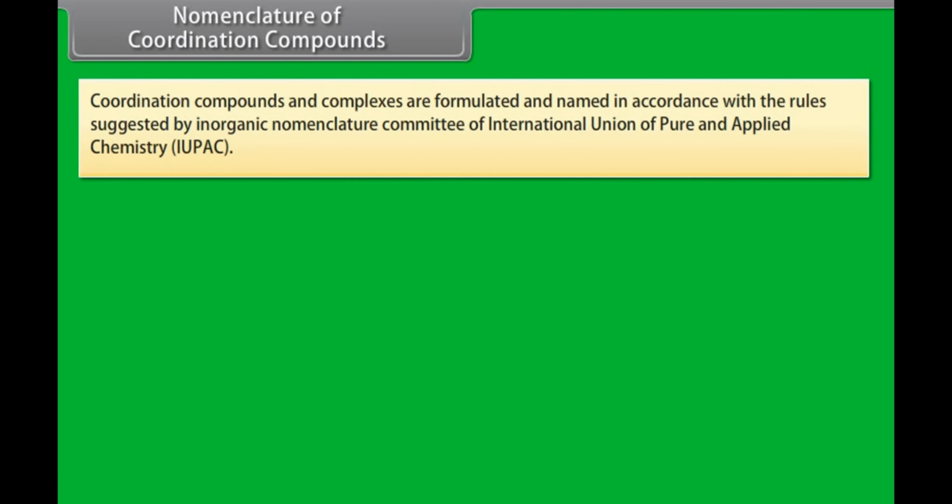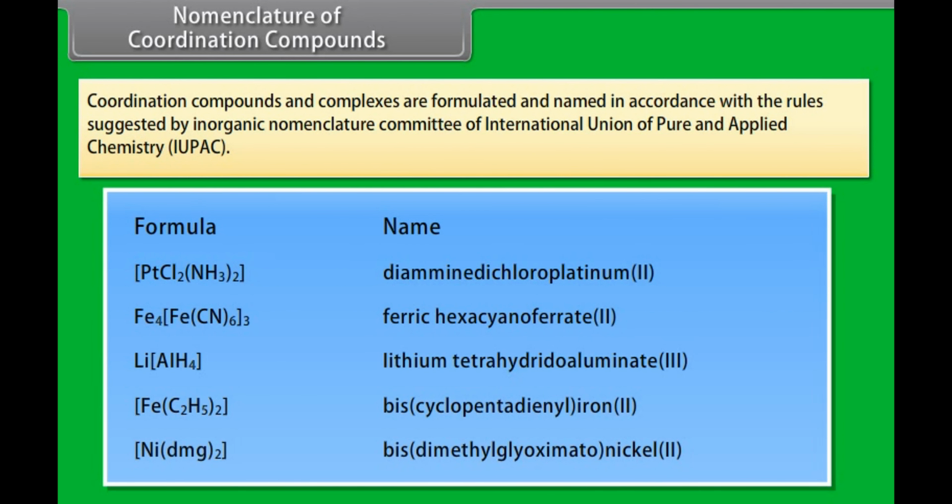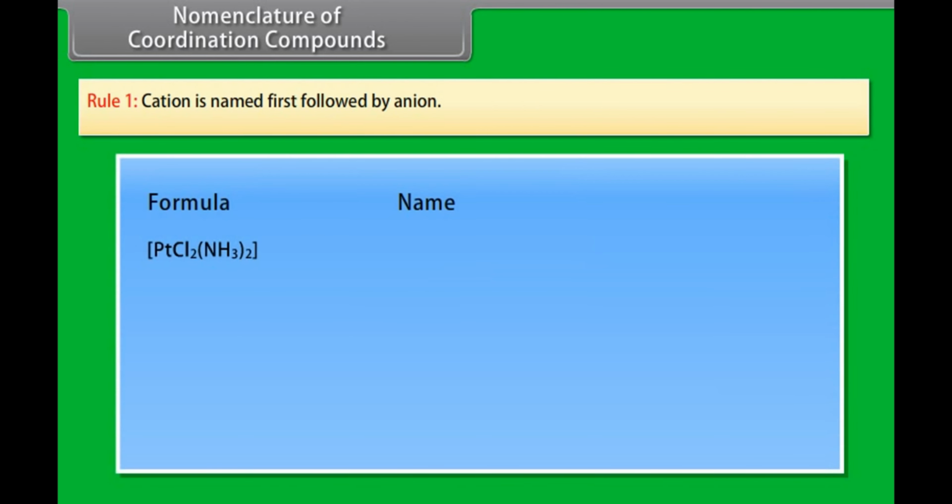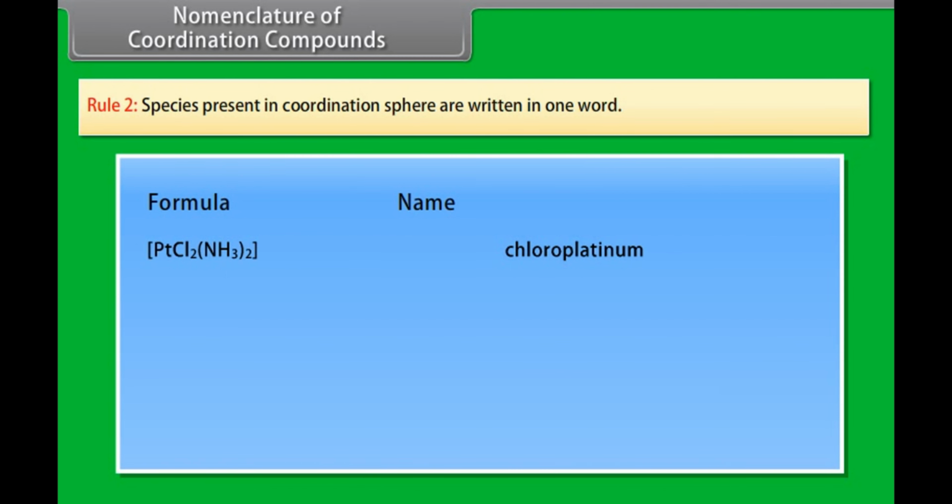Nomenclature of coordination compounds. Coordination compounds and complexes are formulated and named in accordance with the rules suggested by the Inorganic Nomenclature Committee of the International Union of Pure and Applied Chemistry. Rule 1. Cation is named first, followed by anion. Rule 2.